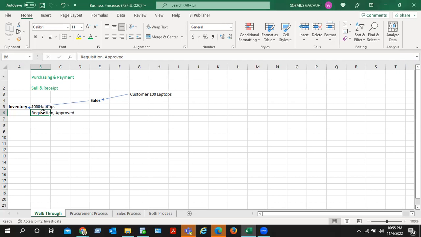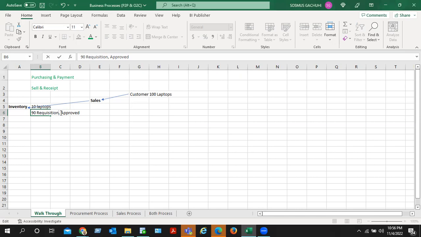But in a situation whereby the inventory eventually confirms they only have 10 laptops in the store, they will have to raise a requisition. They will have to raise a requisition, and this requisition will be of 90 laptops.